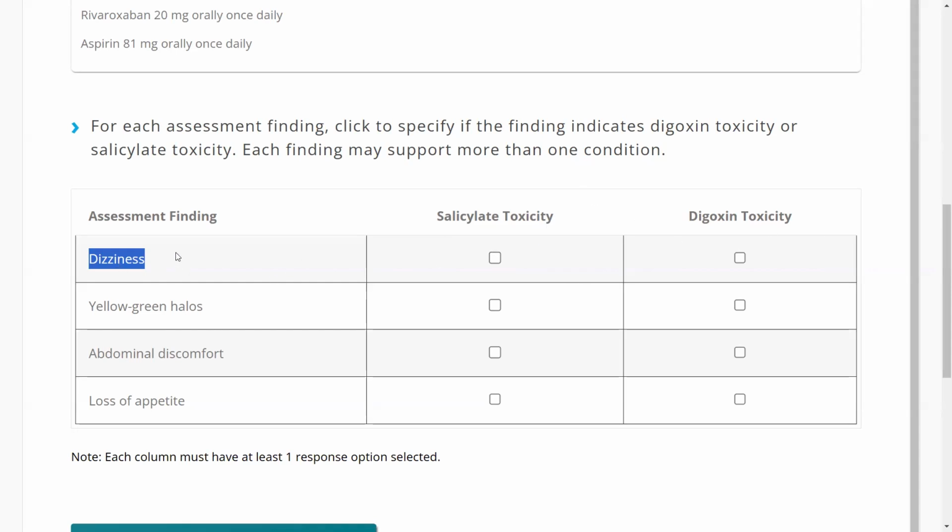We can call them 1, 2, 3, and 4. Dizziness is 1, yellow green halos is 2, and so on. If it's 1, put it in the chat with 1 and S for salicylate toxicity, and if you also think it's digoxin, add D.